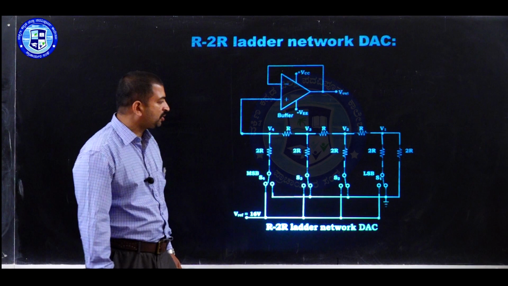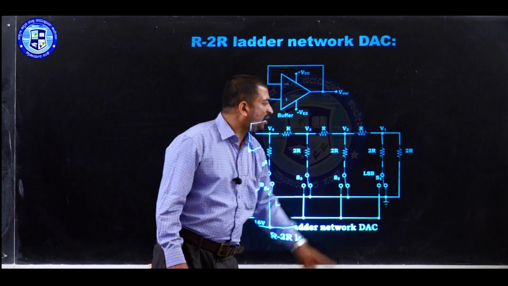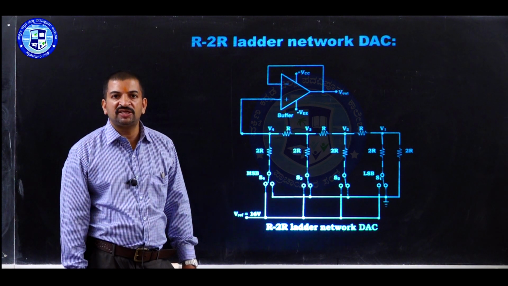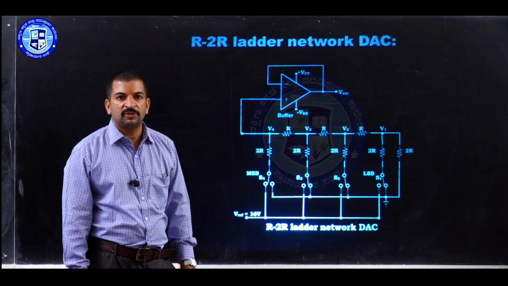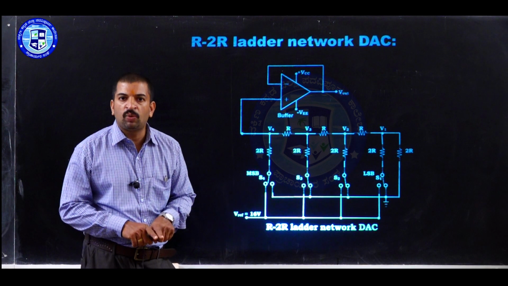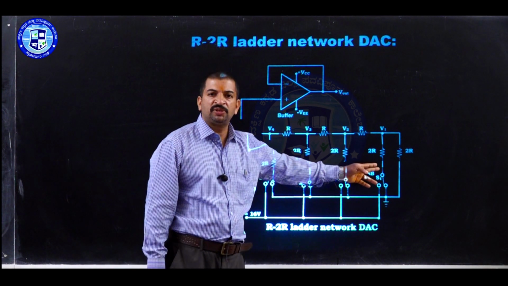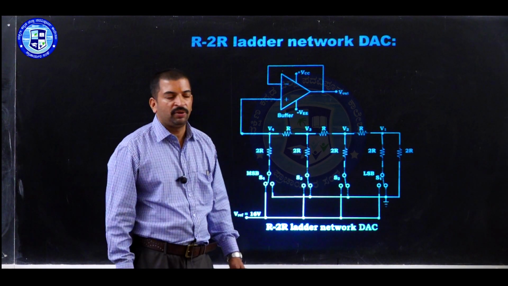2R and 2R, these two resistors of equal values are connected in parallel. The resistance reduces to half of the original value.